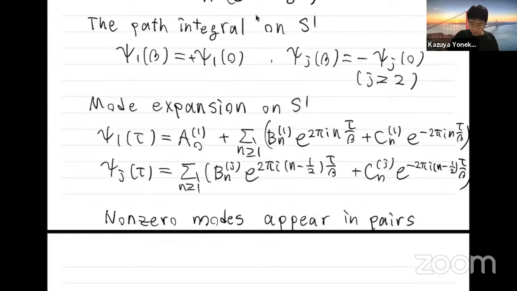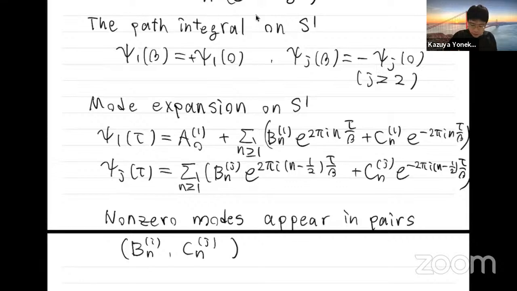So here the pairs means these modes with coefficients Bn and Cn. And they have the same and opposite eigenvalues.